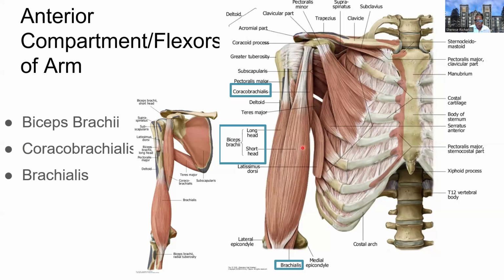And the third muscle is deep to the biceps brachii. If we take off the biceps brachii, we can much better appreciate it. The brachialis muscle, which is laying right at the humerus, right across the arm, and running across the elbow joint as well.